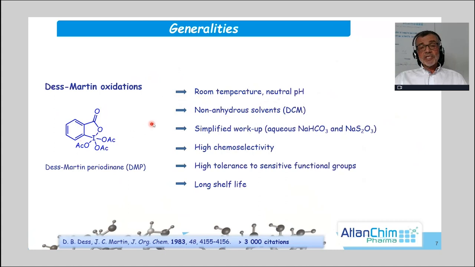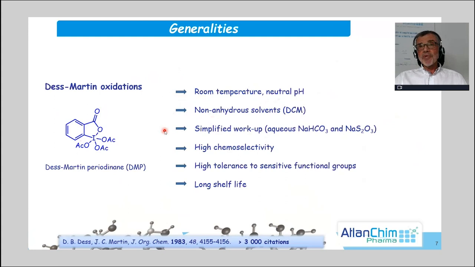This reagent is also highly soluble in organic solvents, as we shall see later. Also, it is preferable to use non-anhydrous solvents, such as wet dichloromethane. With this reagent, you also have easier workups.